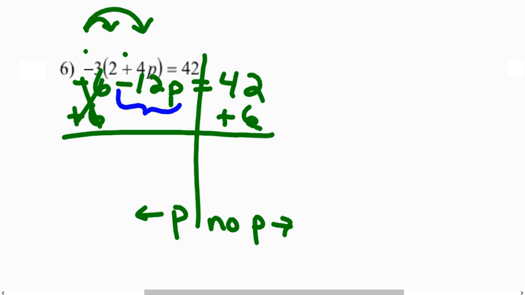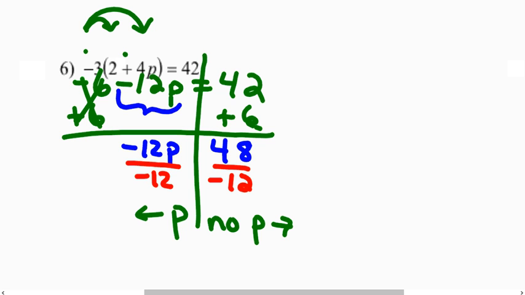That negative stays with the 12, so make sure you bring the negative down with it. And then 42 plus 6 is 48. The very last thing I have to do is divide by negative 12 to make the negative 12 go away, because I want the p to be by itself. That's my goal. So p is going to be equal to negative 4.